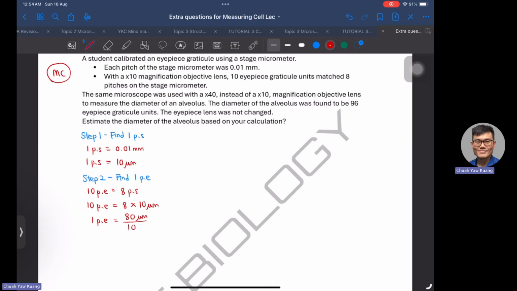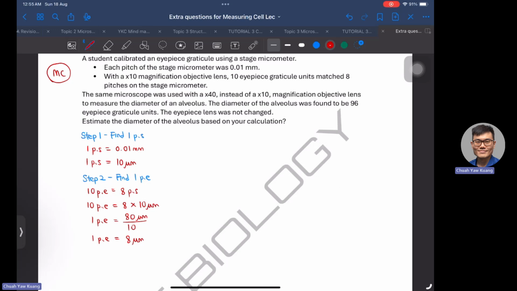So one pitch of the eyepiece reticule is equal to 8 micrometer. Once we have that, we can proceed to step number 3, which is to measure the cell or the specimen.